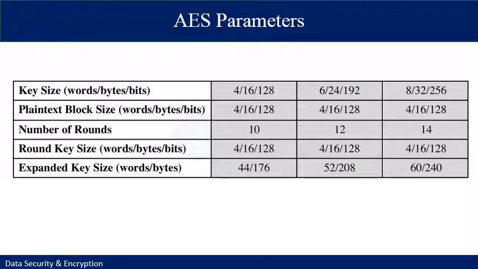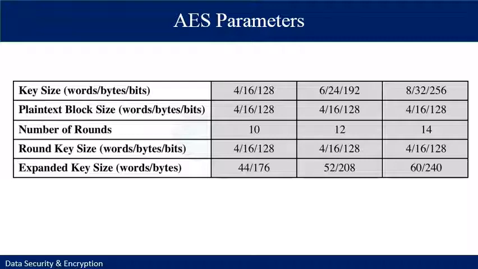So for each AES encryption, the cipher consists of n rounds, where the number of rounds depends on the key length. In the last example there were 10 rounds for a 16 byte key, 12 rounds for a 24 byte key and 14 rounds for a 32 byte key.